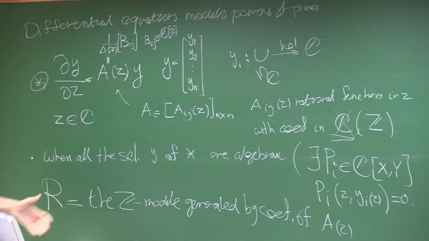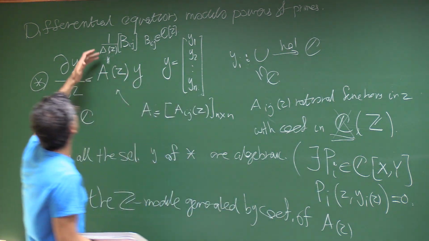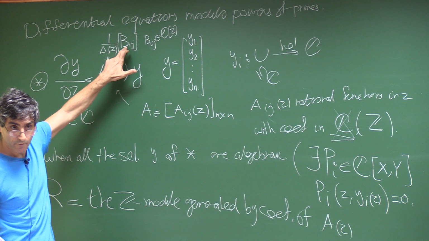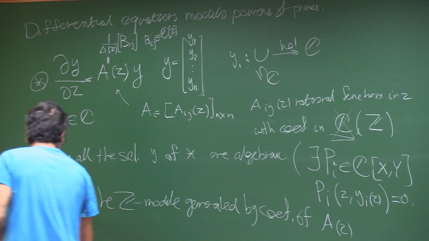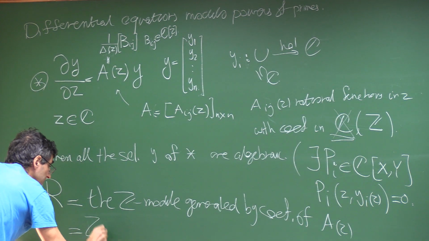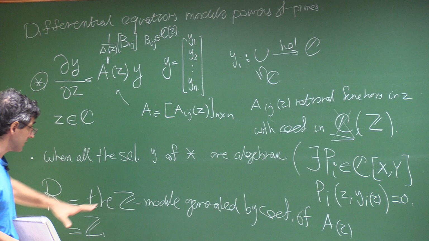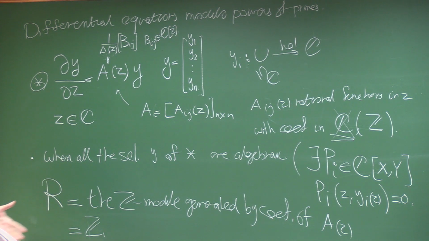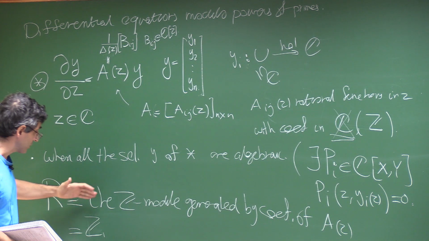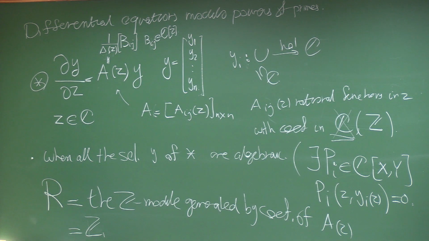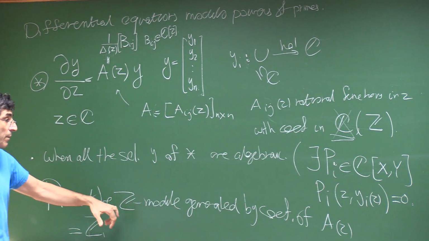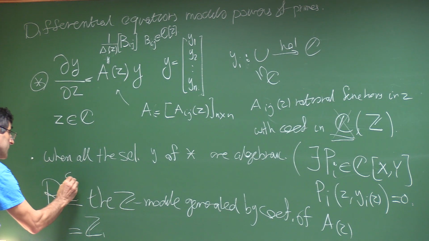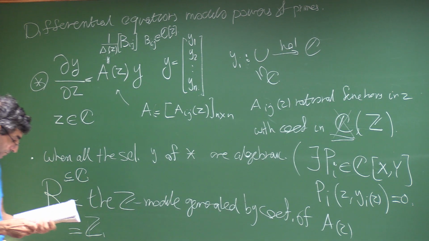And when I say the coefficients, it means the coefficients of this polynomial and the coefficients of this polynomial. And as I said, if you take Z, then at the end my R will be Z itself. And really, this generality doesn't make too much difference from the special case of Z. But in general, it is good to work over finitely generated subrings of C. So this R is a finitely generated subring of C.